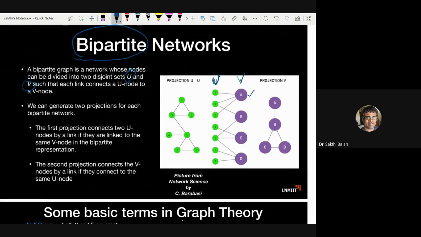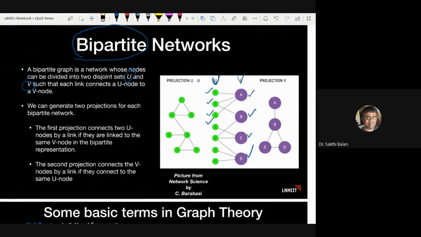So here are the nodes of V, and here are the nodes of U, right? And every edge is between U and V, rather than within U or within V. So there are no edges within U here like this or here like this, right? So there are no edges like this.